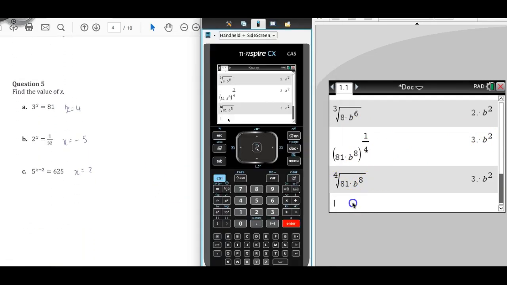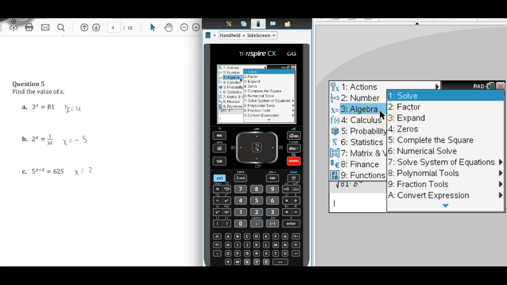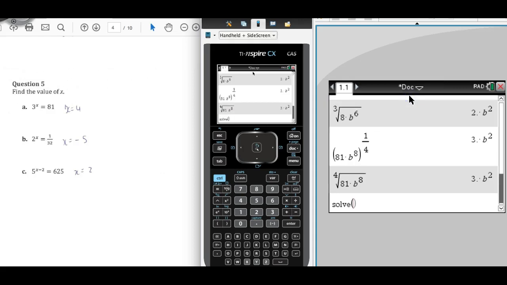All right, question 5 was testing your memory as to how to actually solve this. You might be able to work it out just from knowing the index, or the main bases, but you can just do solve on your calculator. Okay, so they can all be solved on CAS. I'm going to just do C for this one.